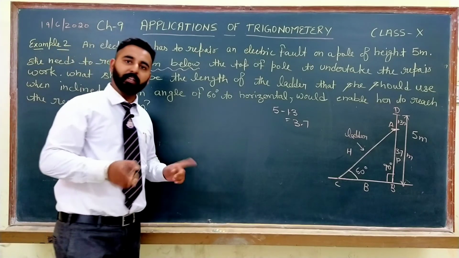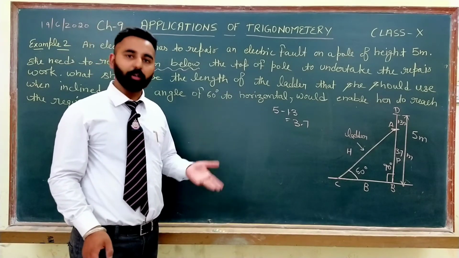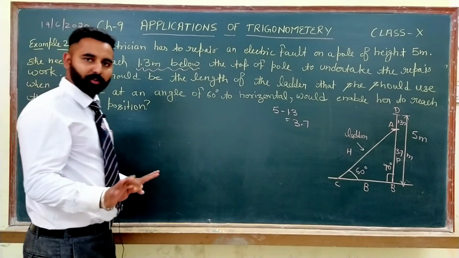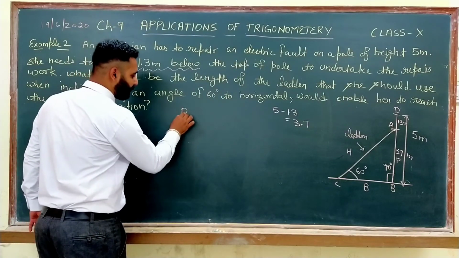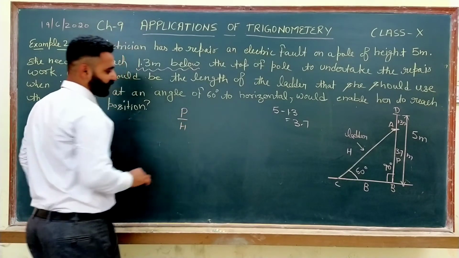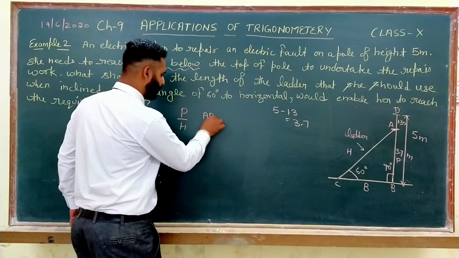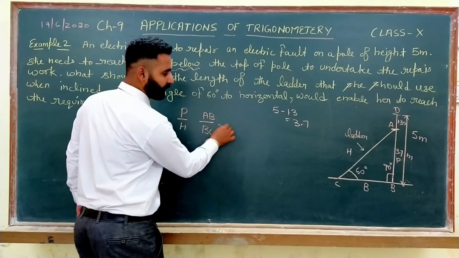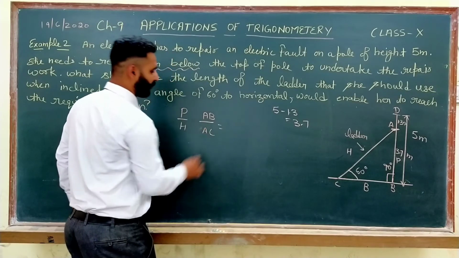So the T ratio between perpendicular and hypotenuse is sine or cosecant, but use sine here. Fine. You can use cosecant also, it's your wish. I am using sine here. P upon H. Perpendicular is AB upon, sorry, AC, the length of the ladder.